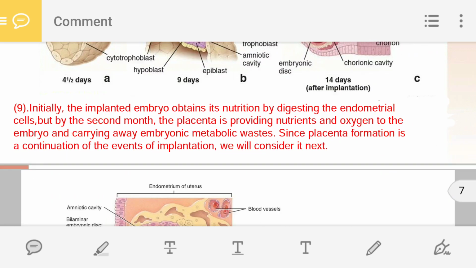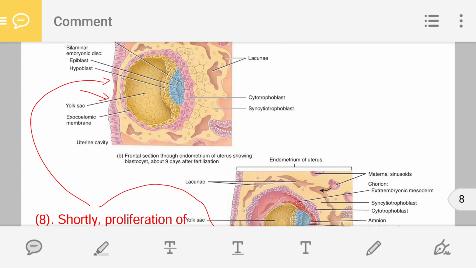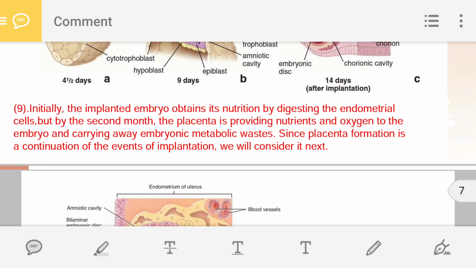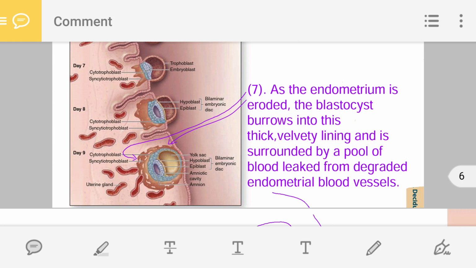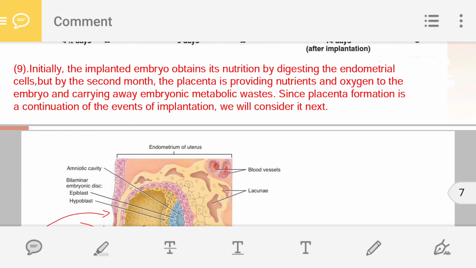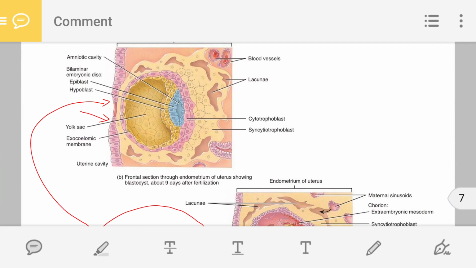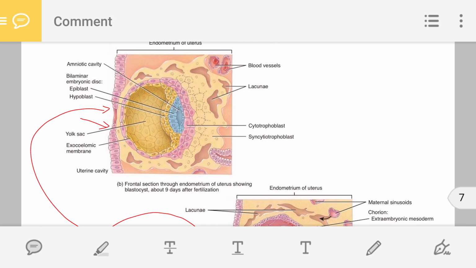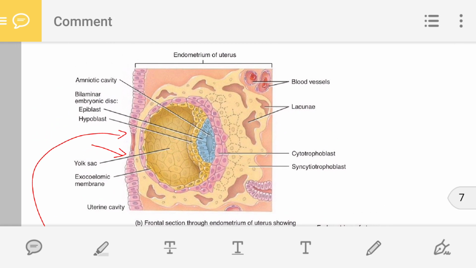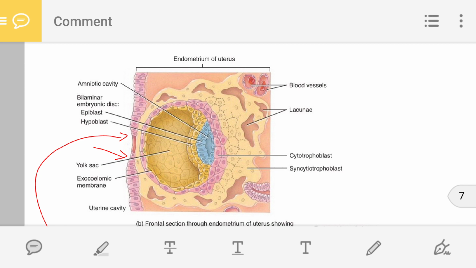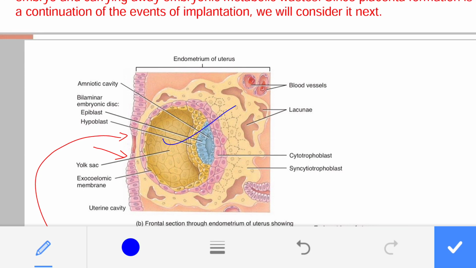So this was the seventh point. Now the blastocyst has entered, as you can see over here, into the endometrium, and the blastocyst is now present inside the endometrium.